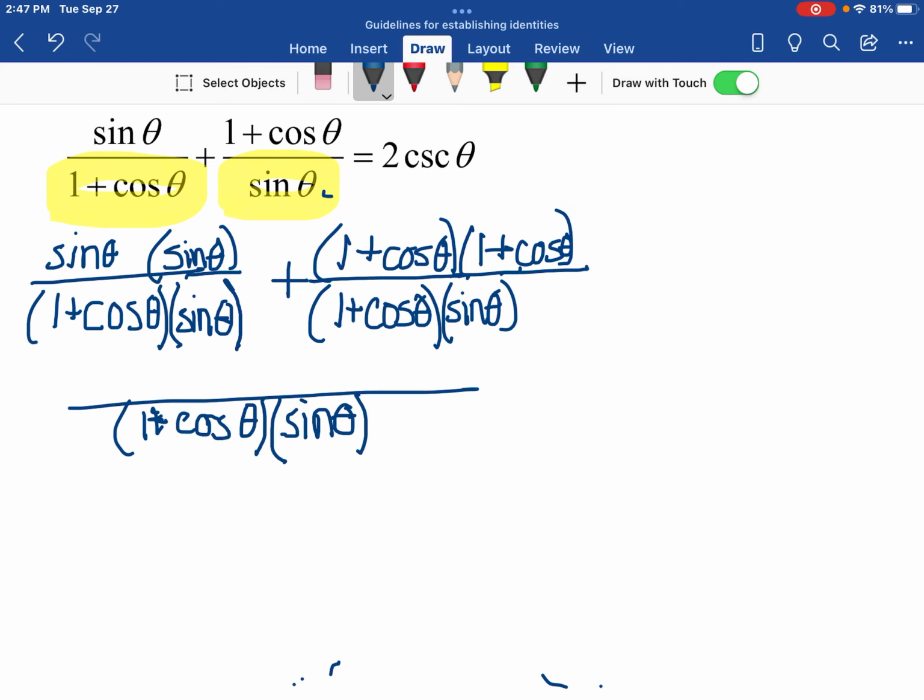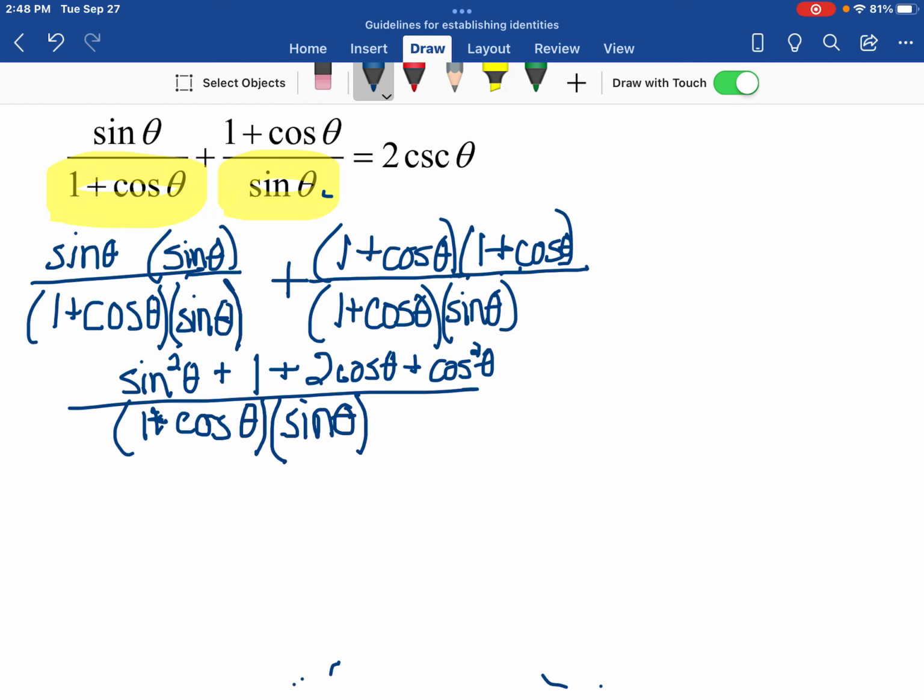And the first fraction, when I multiply sine times sine, I know that's sine squared. And multiplying a binomial by a binomial on the second one, I end up with the second fraction, 1 plus 2 cosine theta plus cosine squared theta.